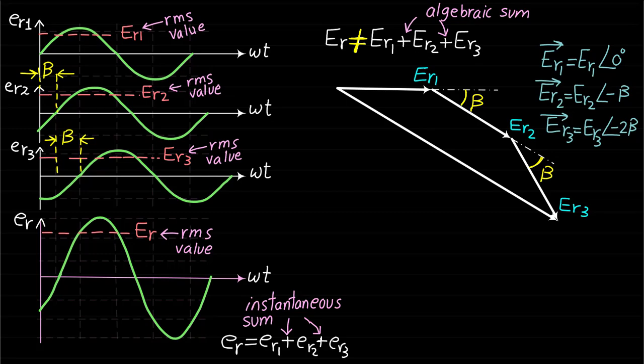As we can see, this figure shows the phasor diagram of the three induced voltages ER1, ER2, and ER3.